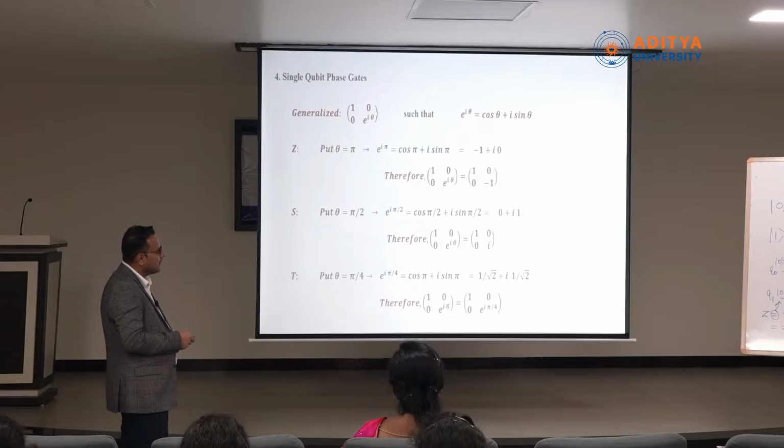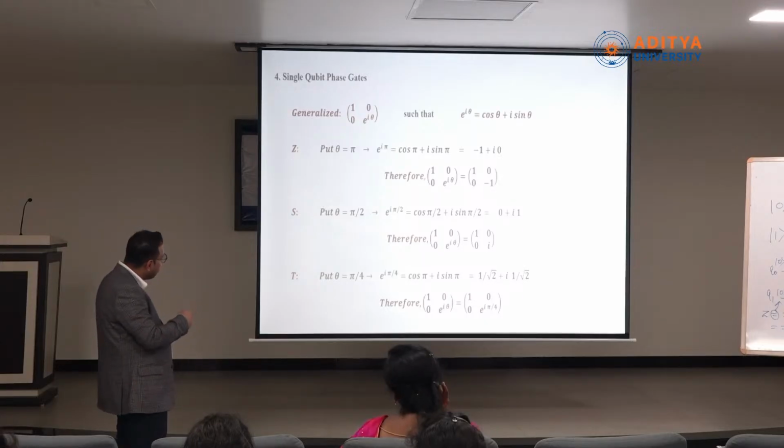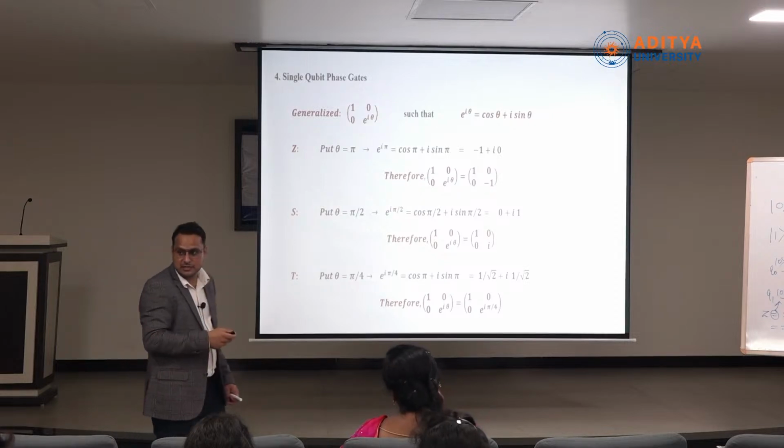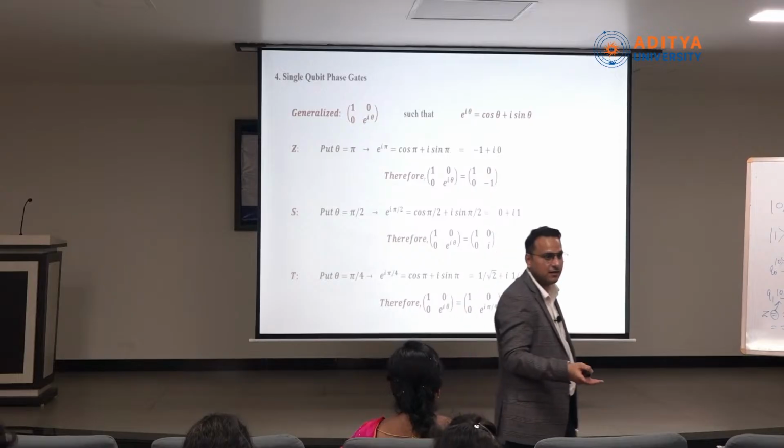So e raised to the power i pi by 2 evaluates to i. This is the basic representation of the S gate. You remember this gate; I will demonstrate these gates, like S, Z and T, in quantum phase estimation. This is one of our expected lectures. Yes or no?